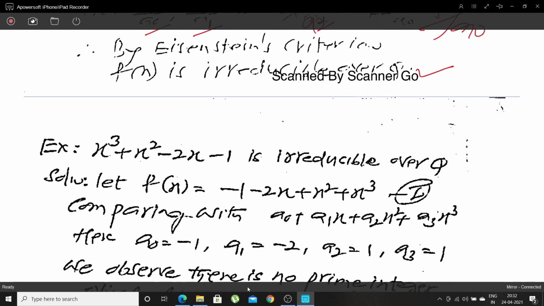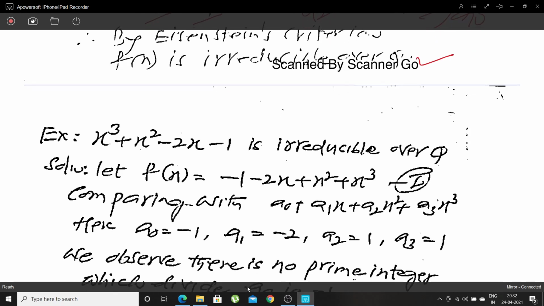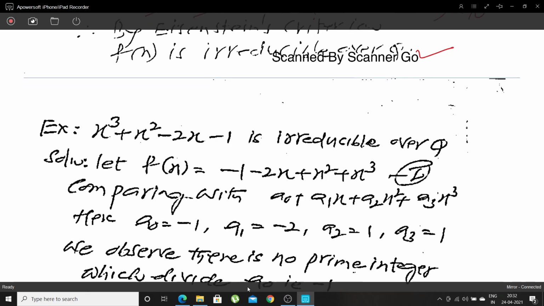Another example. Show that x cube plus x square minus 2x minus 1 is irreducible over the set of rational numbers. Again, I'll compare with the standard polynomial, and let me note down the constant term and the coefficients of x square and x cube.